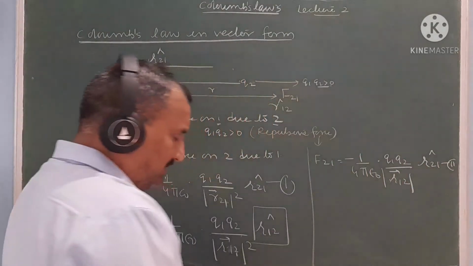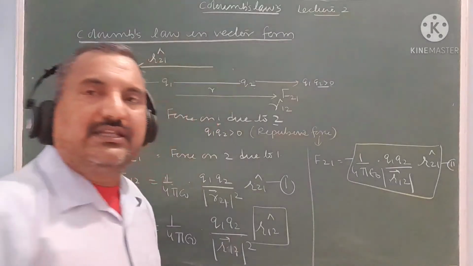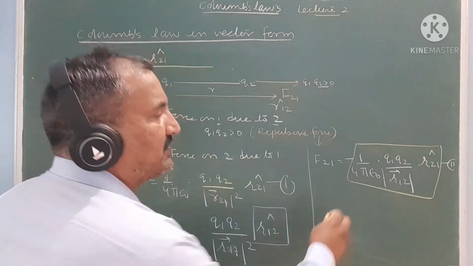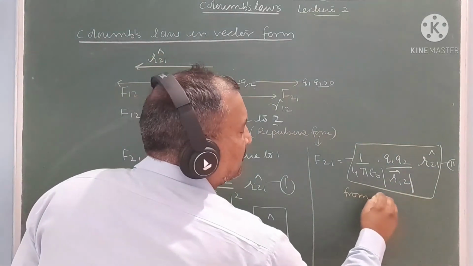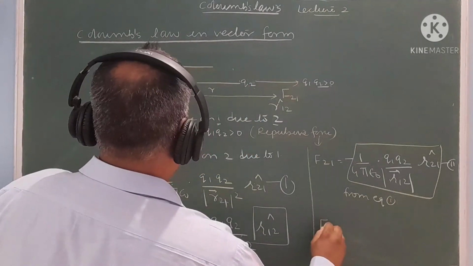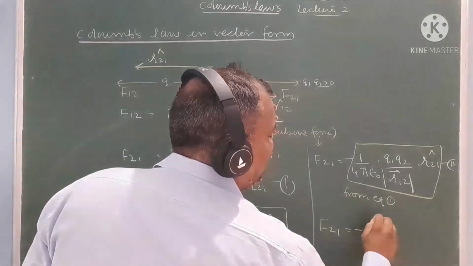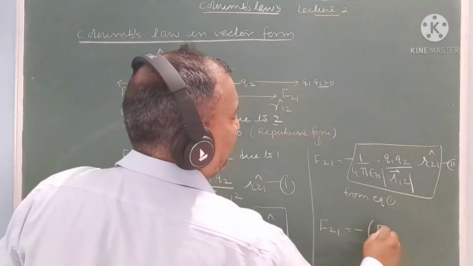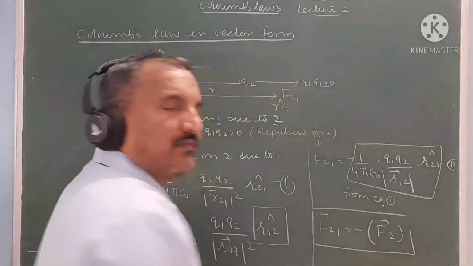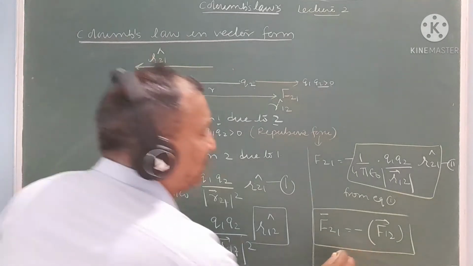So what can I write? In this place, this triangular box, what can we write from equation first? F21 is equal to minus F12. Therefore, isn't it Newton's third law?